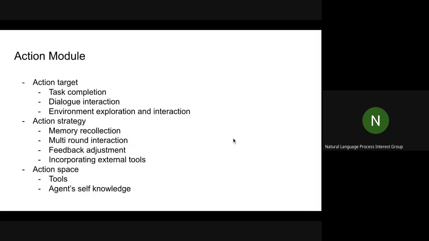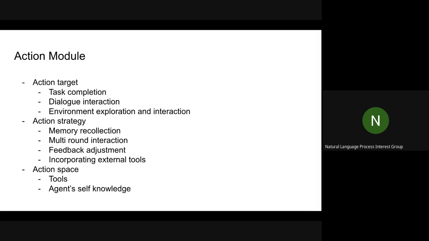Sure, let's keep going. So the action module is also split up, or this paper breaks it down into all of these different pieces. So the target, they say, is the action of any LLM can be one of these three things. It can be a task completion, finish some task. It can be respond to the user or some sort of dialogue interaction, or explore or interact with your environment in some way.